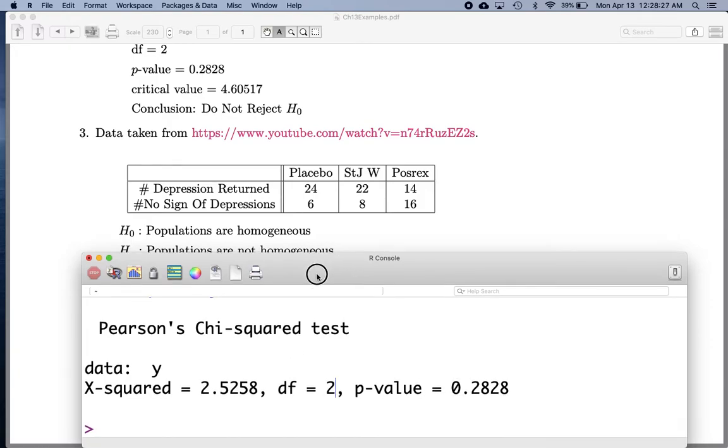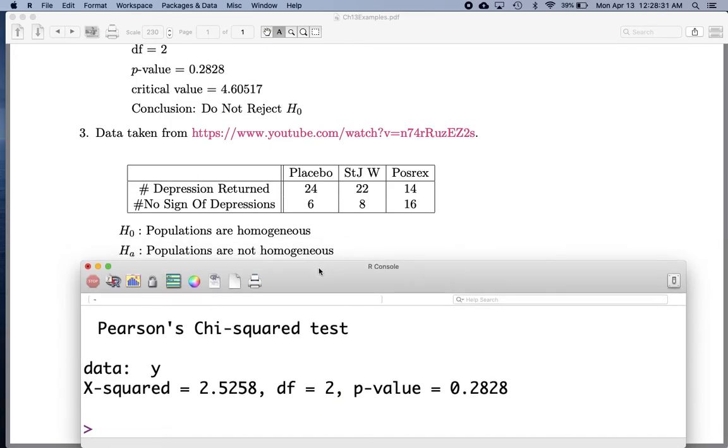Oftentimes this test gets used very frequently if you have 2 data sets and you want to figure out whether they are different or not. This is the chi-squared test that gets used a lot in biology.